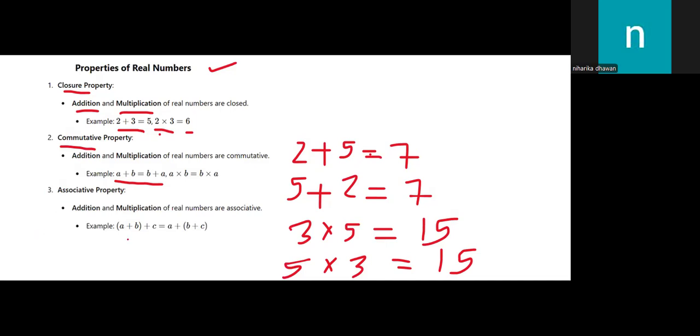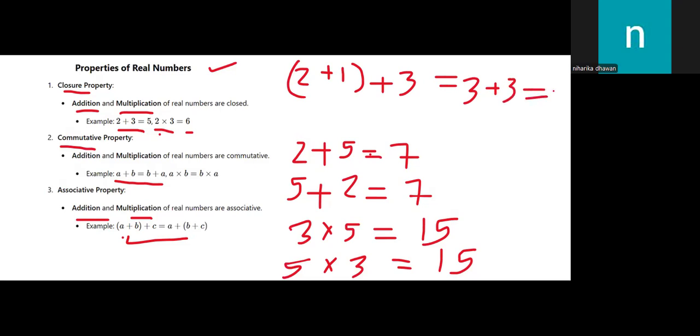Then associative property. Addition and multiplication of real numbers are associative. For example, if I add three numbers A, B and C. So if I am adding A plus B and then I'm adding C, or if I'm adding B plus C first, then I'm adding A, then we will get the same result only. For example, if I add 2 plus 1, then I add 3 to them, then I will get 3 plus 3 equal to 6.